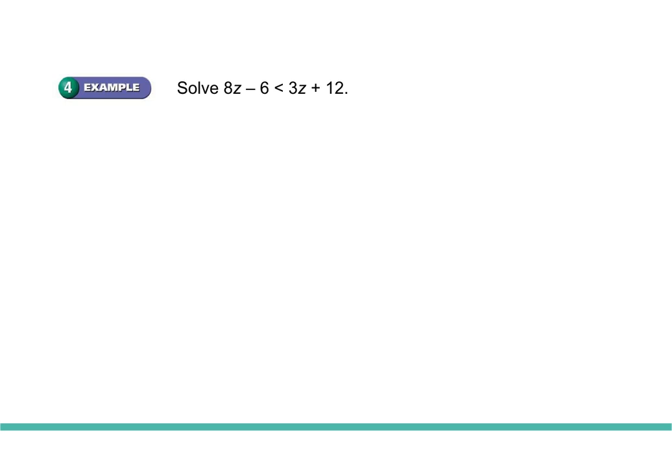Example 4. Again, we're solving a multi-step equation. We don't have any distributions. We don't have any like terms on the same side of the equal sign. So next we're at moving variables. So I'm going to subtract this 3z over. So I'm left with 5z minus 6.